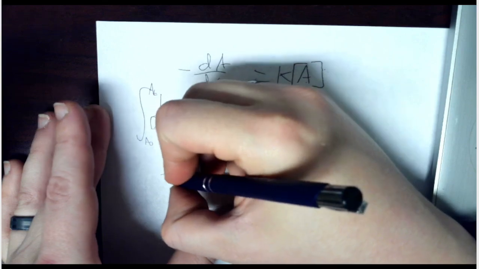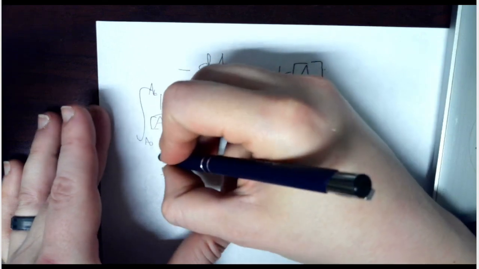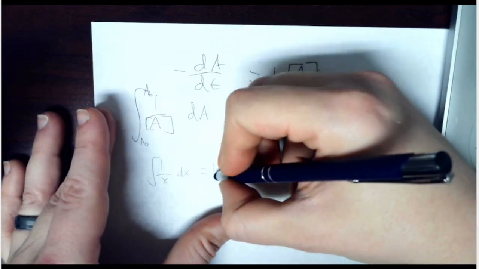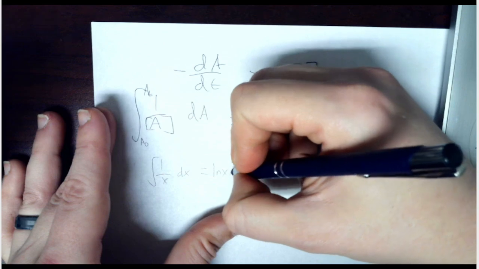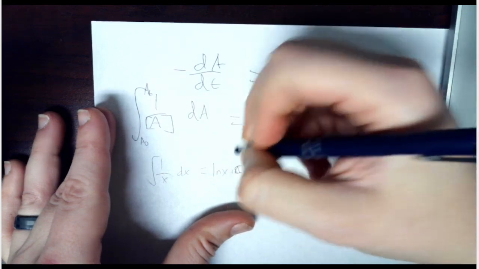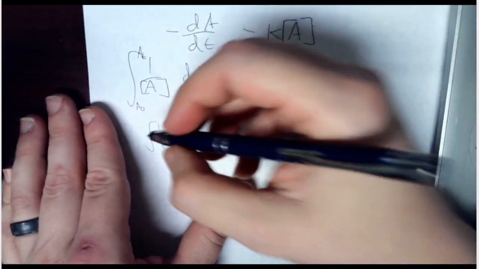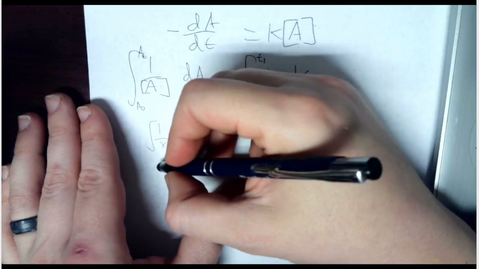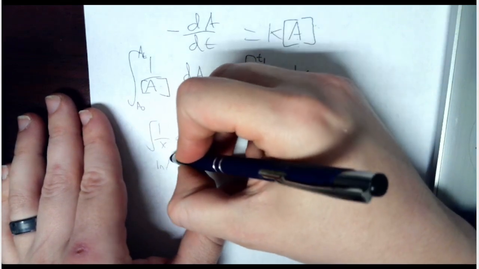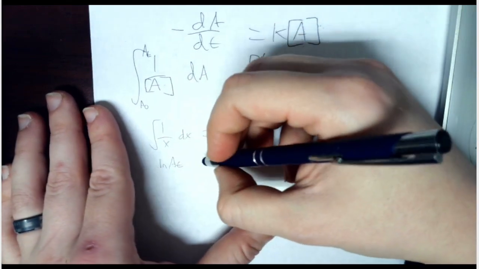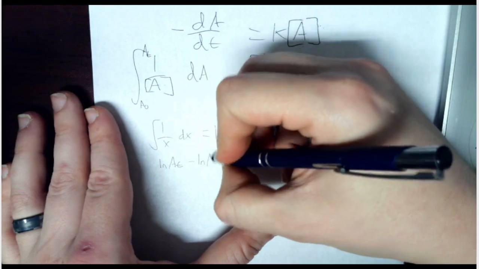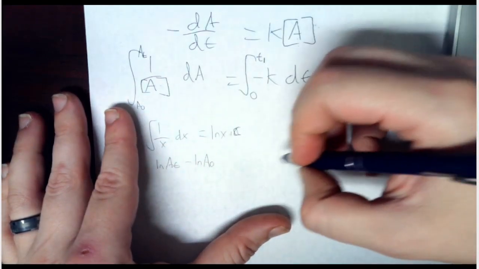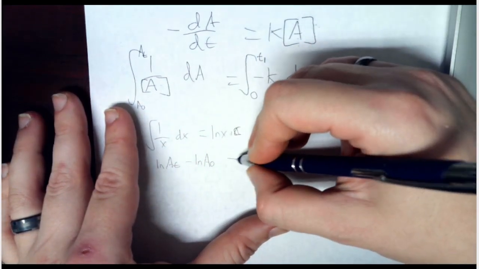The integral of 1 over x dx is ln x plus c. So we're going to have ln of A sub t minus ln of A sub 0 on one side.